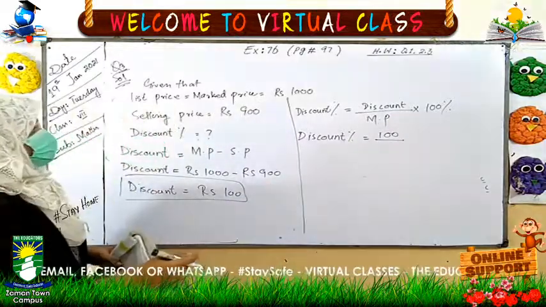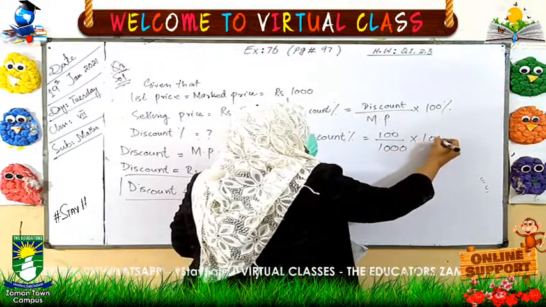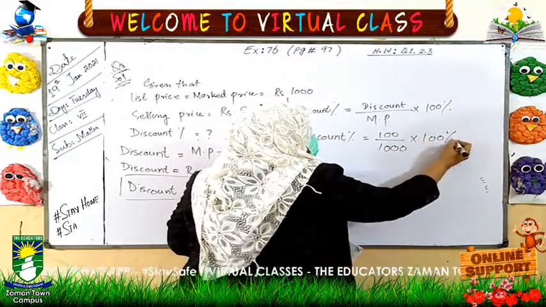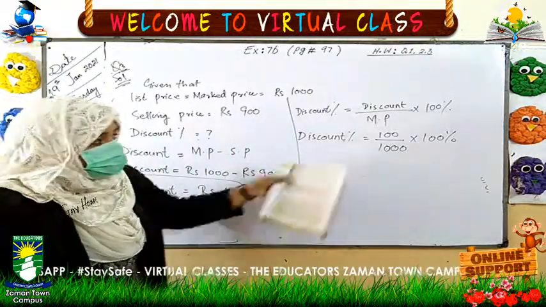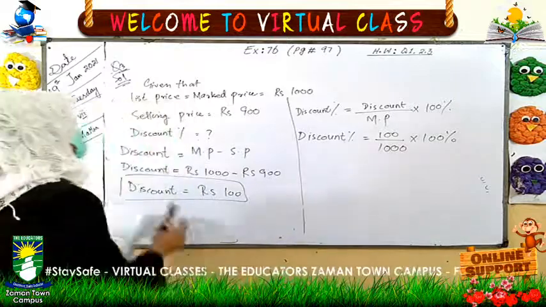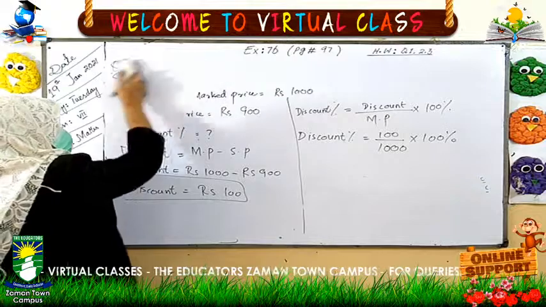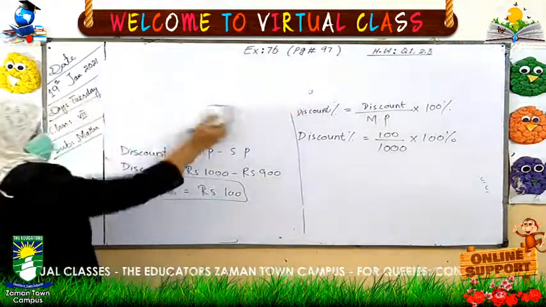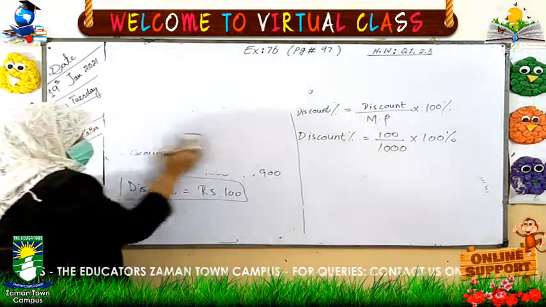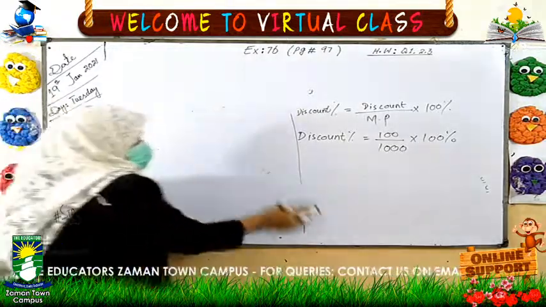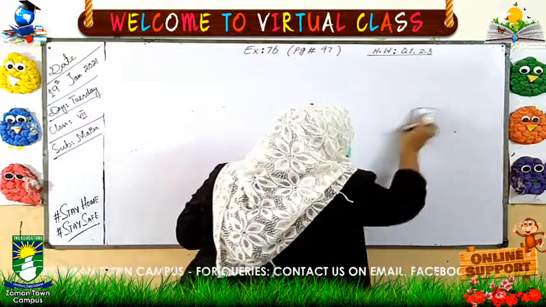Mark price, what is my mark price? 1000. Now when you solve it, you will get your answer. You have to solve this question further. Make the formula in question number 3, and first we will solve it for the discount, then we will use that formula for the discount percentage, and we will solve it.